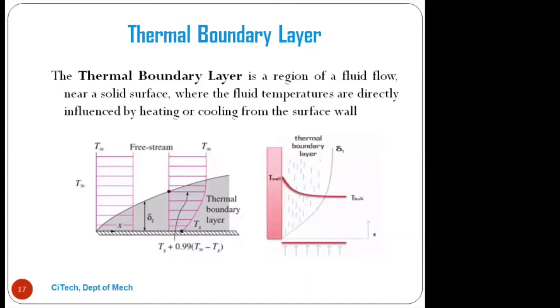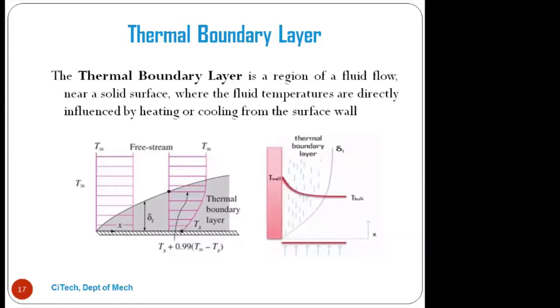As we said, this is the plate, and the velocity increases with distance from the plate until it approaches the free-stream velocity; that is called the velocity boundary layer.